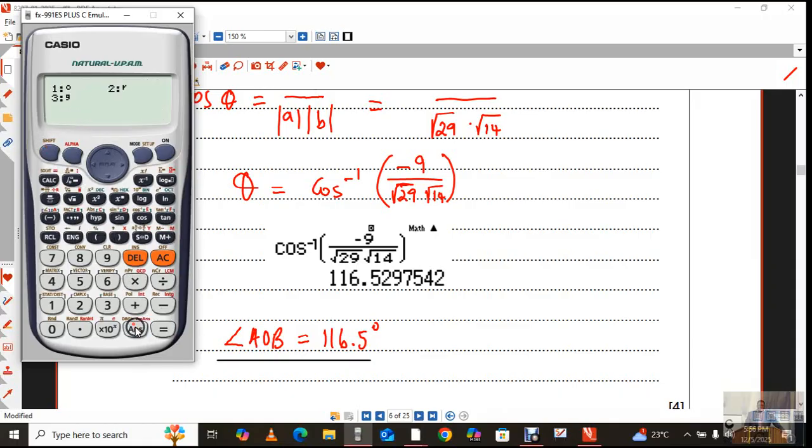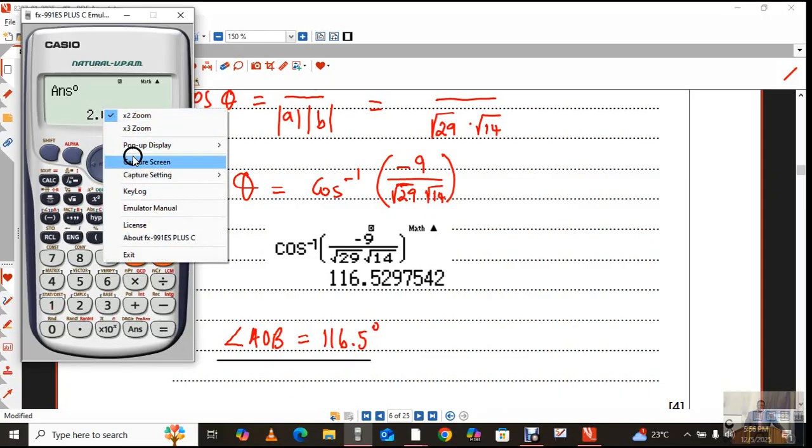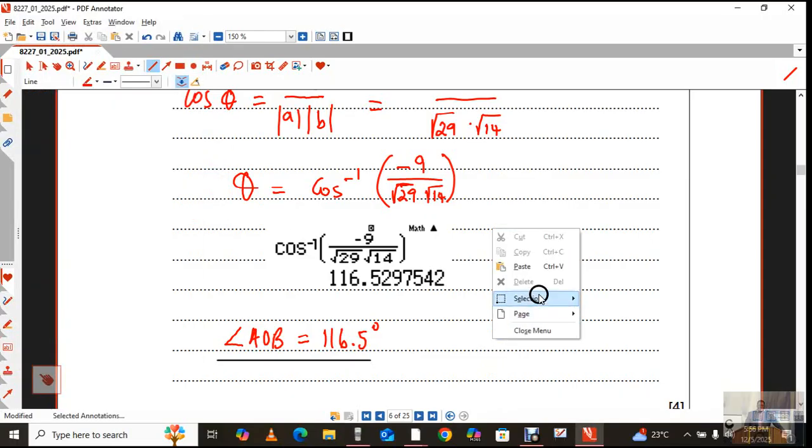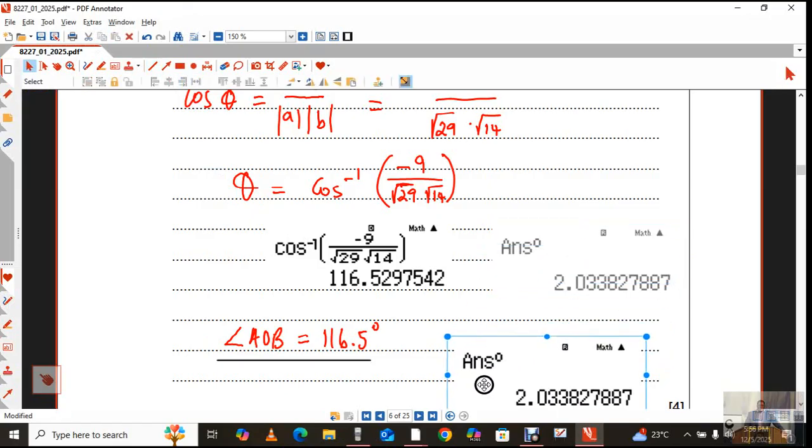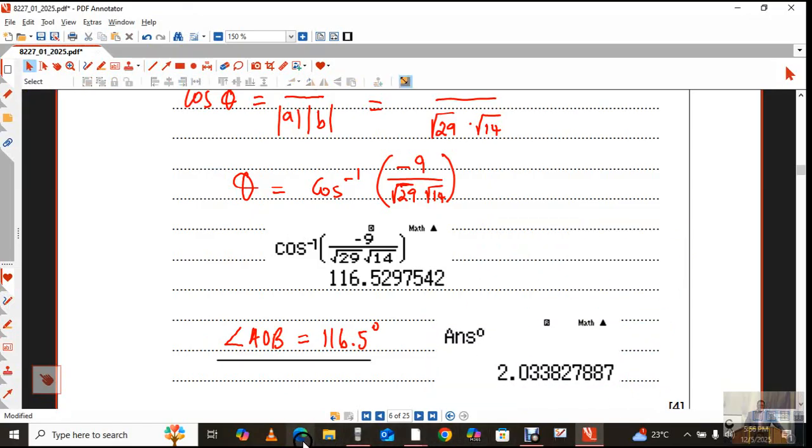Then shift, what is it in degrees? There we go. So you can also give the answer in radians, of course.